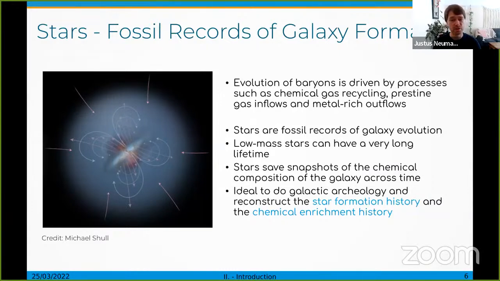First of all, because stars can be very old, we can go all the way back to the formation of the galaxy. And then secondly, the stars save a snapshot of the chemical composition of the galaxy when the stars were born. So thereby we can do galactic archaeology and reconstruct the star formation history and the chemical enrichment histories of galaxies.